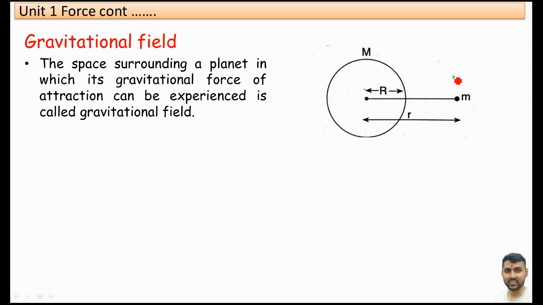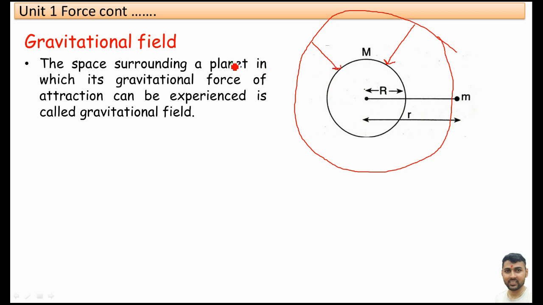Suppose up to here, this is the space around this planet, up to where gravitational force of attraction can be experienced. It is called gravitational field.